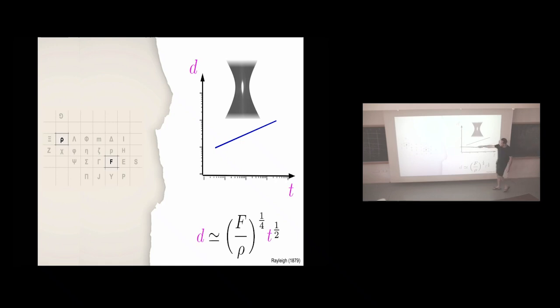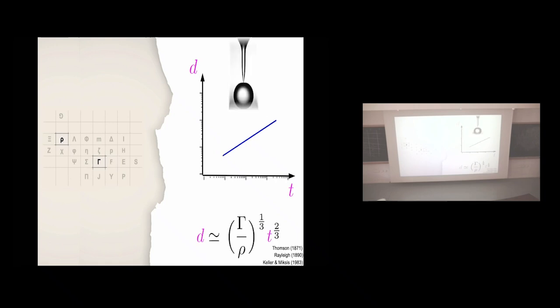It's going to be 4, 1, 2, 3, 4 divided by 2, 2 divided by 4, which is going to be 1/2. I'm not going to give you all of them, but I'll give you the one that you know. This was combining surface tension and density, and in that case the power was 2/3.